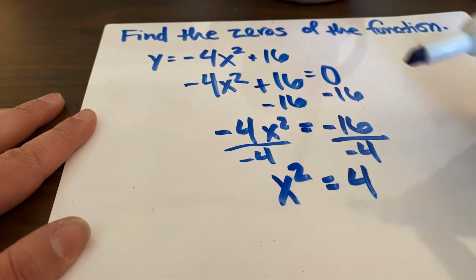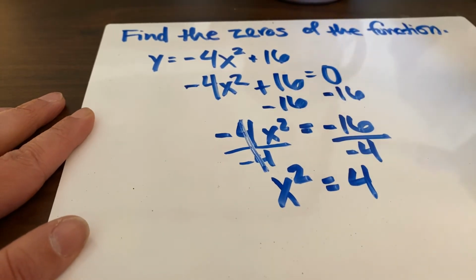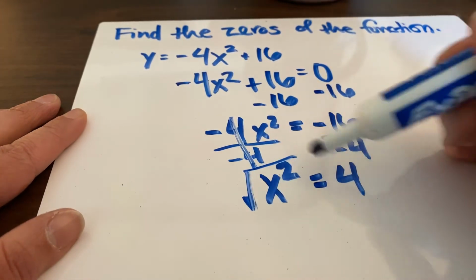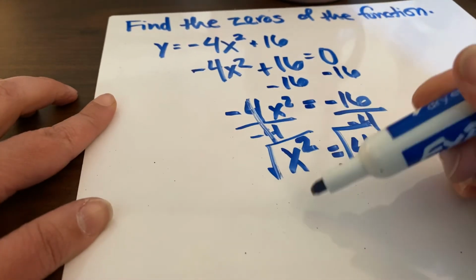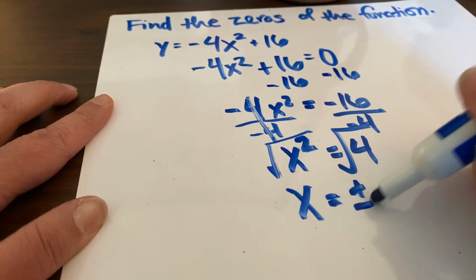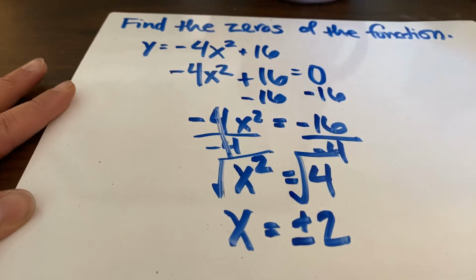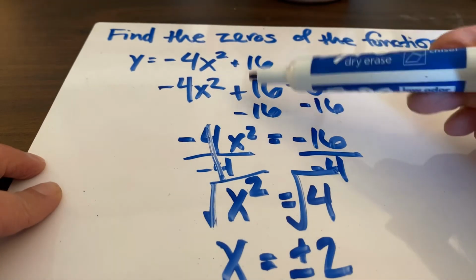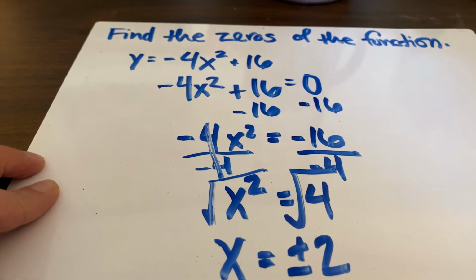That would be a +4, and these 4's cancel, right? So then I need to solve for x. So we square root both sides. And when we do that, we get x equals plus or minus 2, right? Both +2 and -2 would make this original problem true.